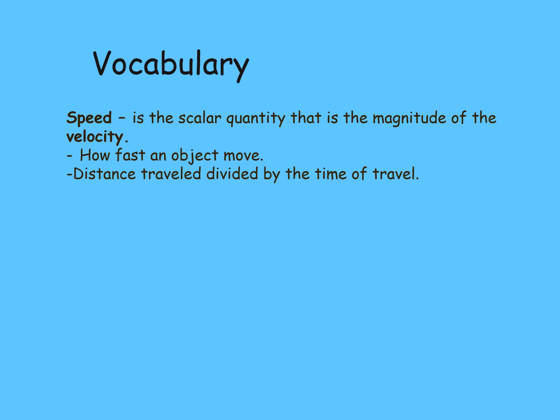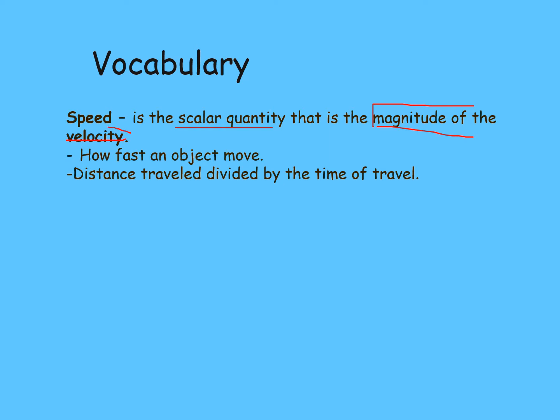What is speed? Speed is the scalar quantity that is the magnitude of the velocity. It is a scalar quantity. A scalar quantity shows only the magnitude, but there is no specific direction of the movement.